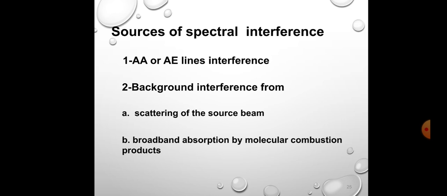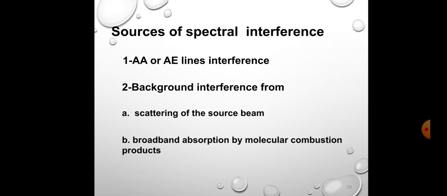You see, each element, as we discussed before, has several emission or absorption lines. These lines are usually very narrow, but in some cases, these lines may have exactly or almost the same wavelengths as the line of another element.